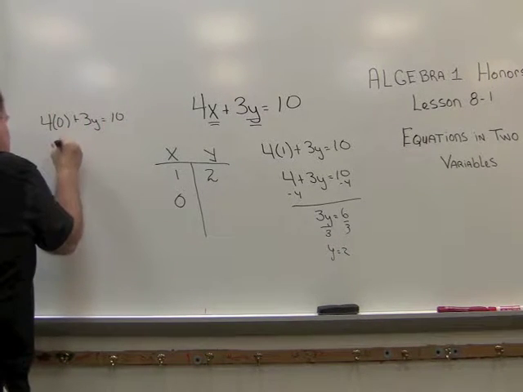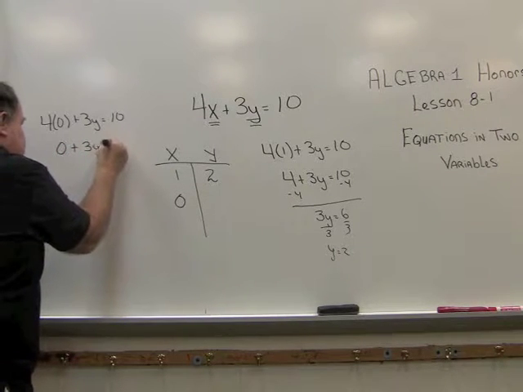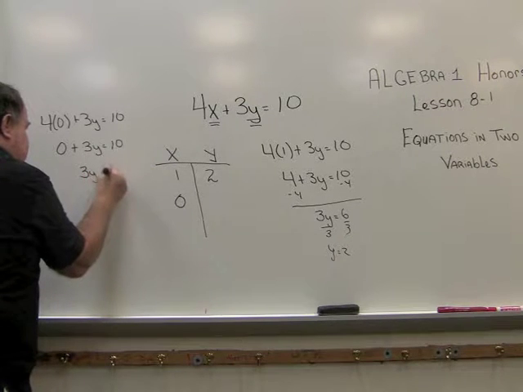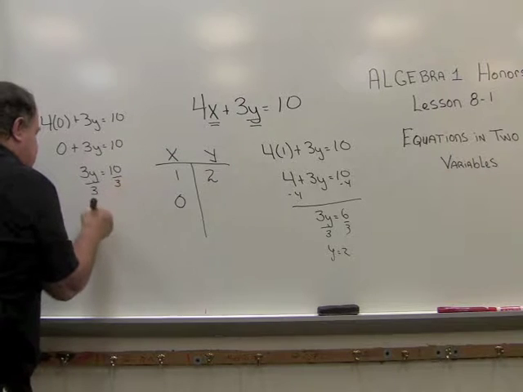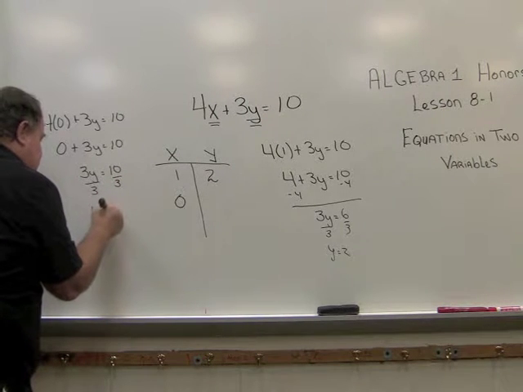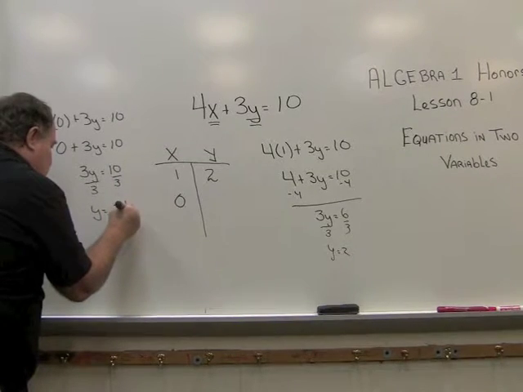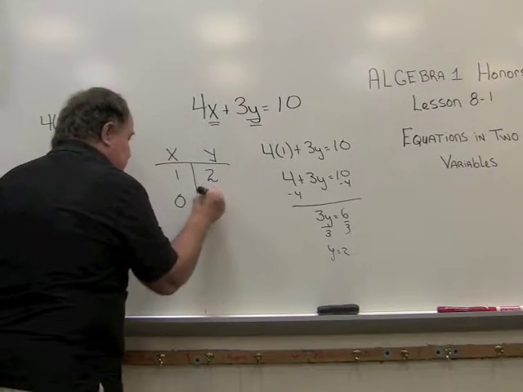This would cancel out, and I would get a 0 here. 3y equals 10. Well, when I divide by 3, I would not get an integer. I would get y equals 10/3, or 3 1/3. That's another answer for y.